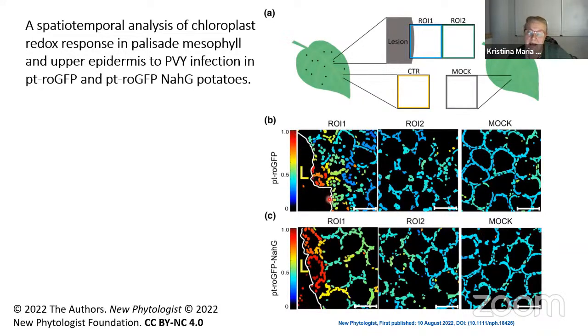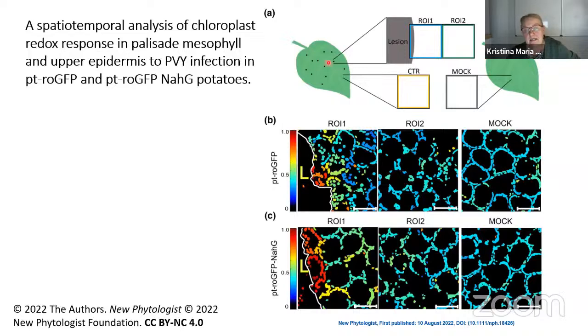And here we have the resistant potato cultivar, and on the lower row we have a cultivar which is again the resistance genotype, but it is a transgenic plant that carries this NahG transgene, which is the salicylate hydroxylase that takes care of conversion of salicylic acid to catechol, and thereby in these plants this salicylic acid is depleted by this transgene.